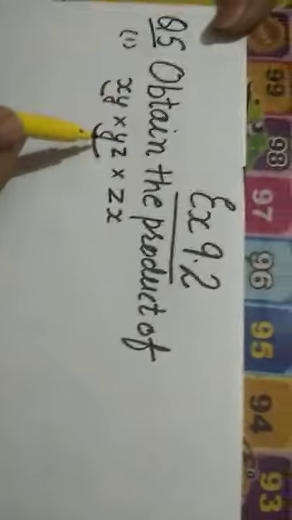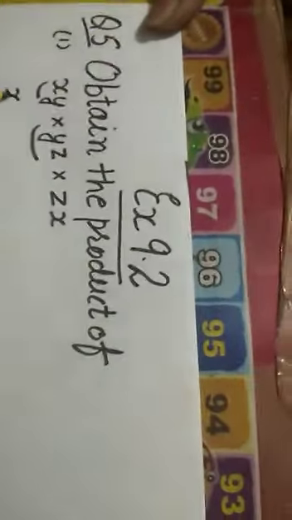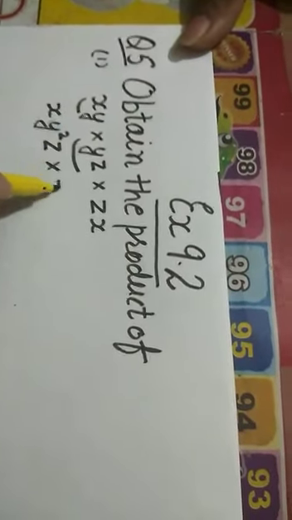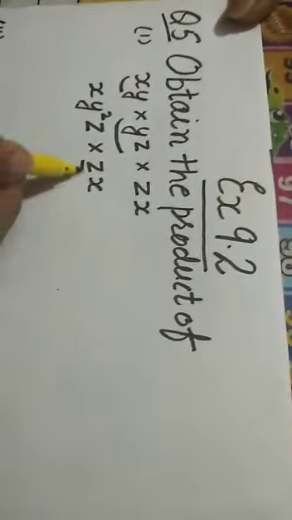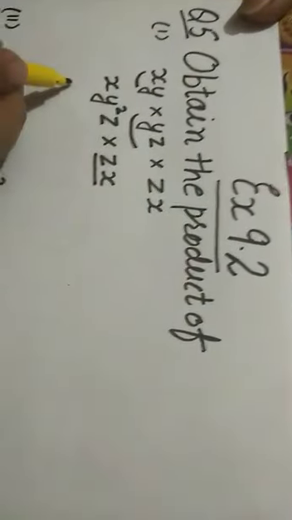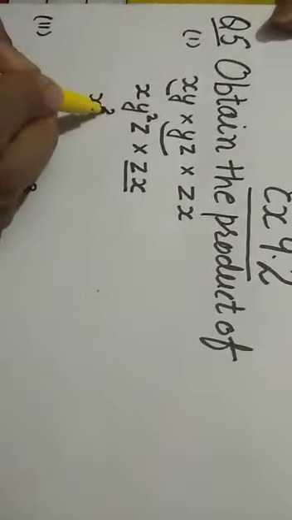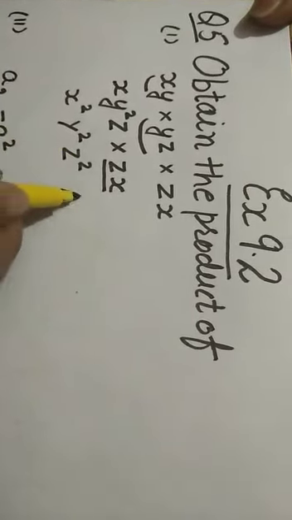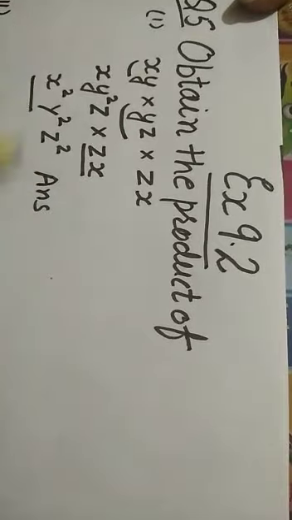So first of all we will multiply xy and yz. It will be x y square z, and now we will multiply this one with zx. It will be x square y square z square, and this will be your answer.